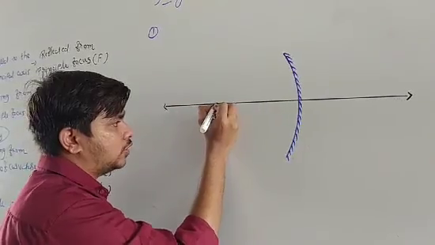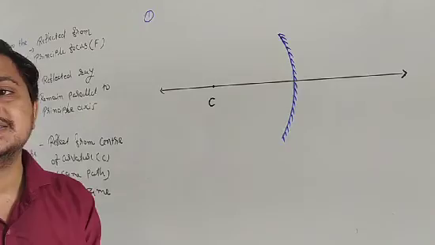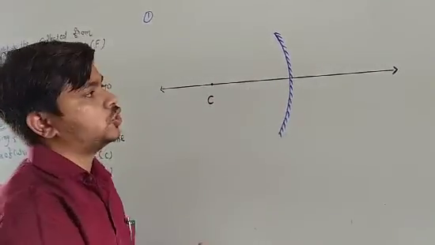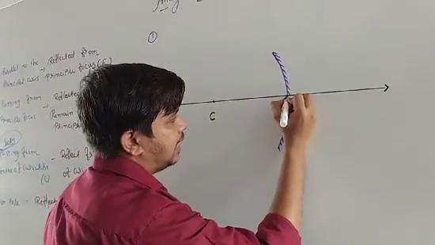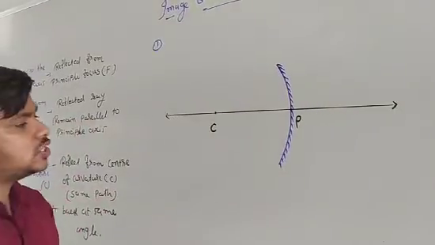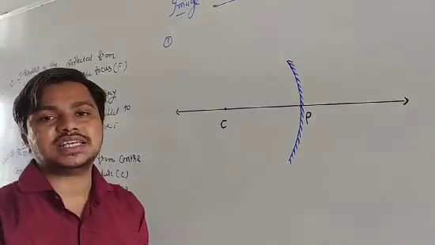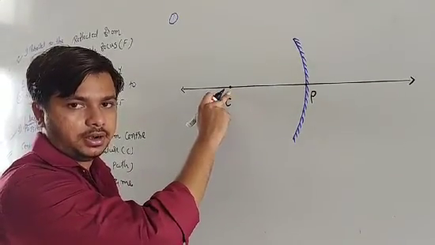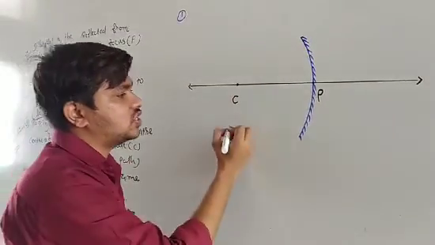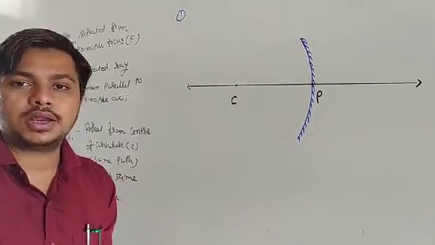And that center point should be indicated with C, which is the center of curvature. The point where the line passes through the mirror should be indicated as the pole, P. So here it is P and here it is C. The distance between C and P is 6 centimeters because we have taken a radius of 6 centimeters. Here it is the center of a circle, and here it is one point of the circle. Because of that, the distance between both of them is 6 centimeters, which is the radius of curvature.